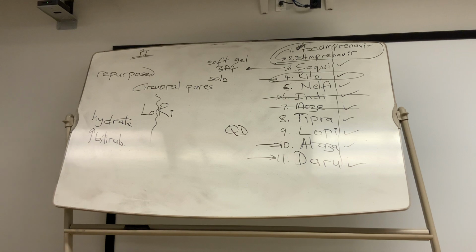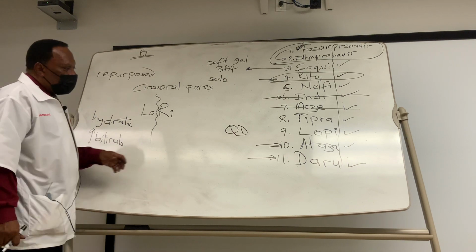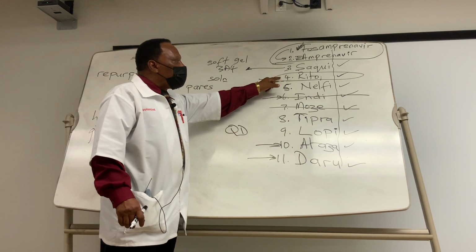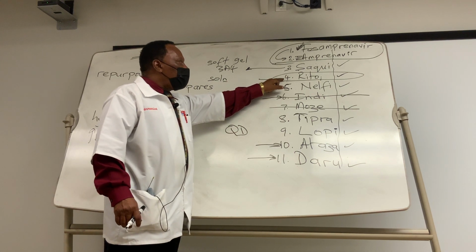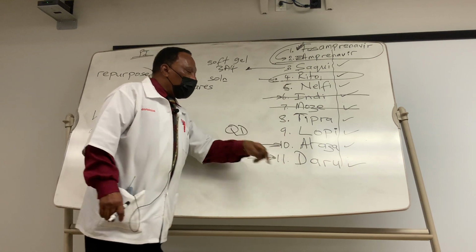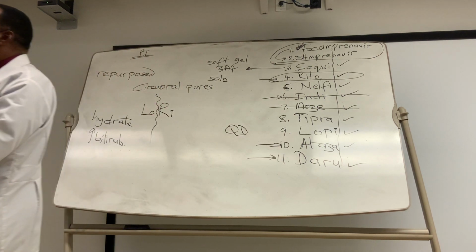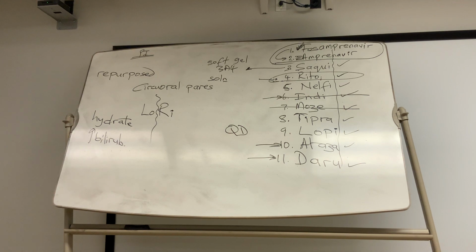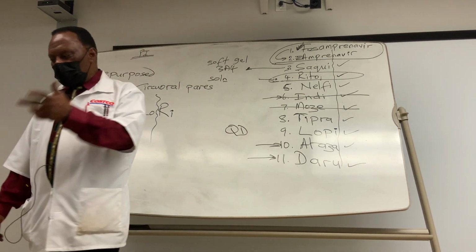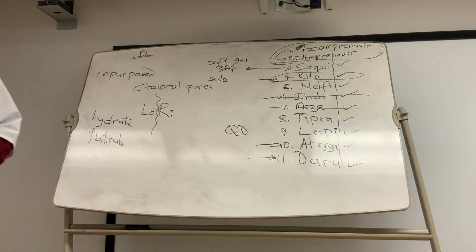Darunavir, Prezista, that drug also should be administered concurrently with ritonavir. That's when it works best. And you can see darunavir also combined with cobicistat. If you look at the combination drugs that we set out, you can use darunavir concurrent and give it together with cobicistat.